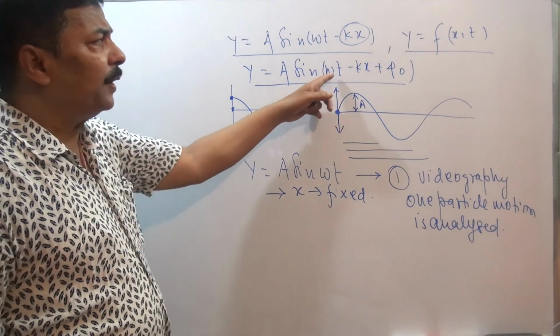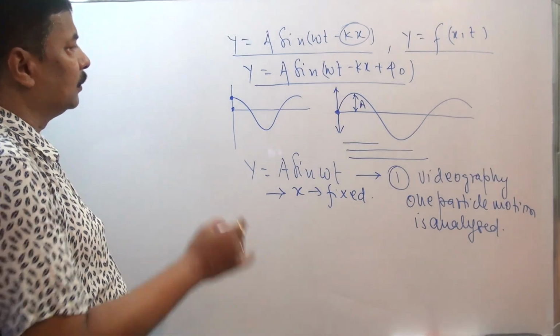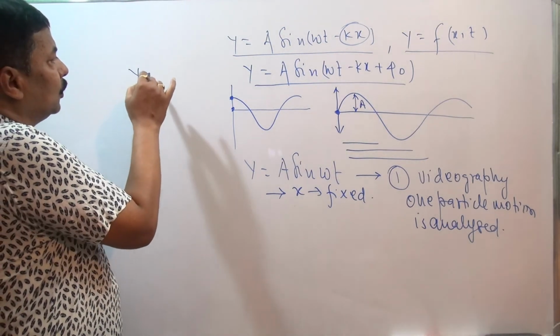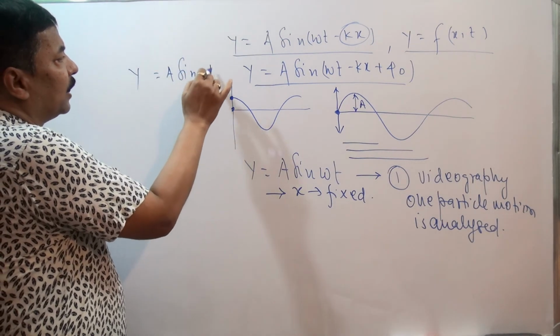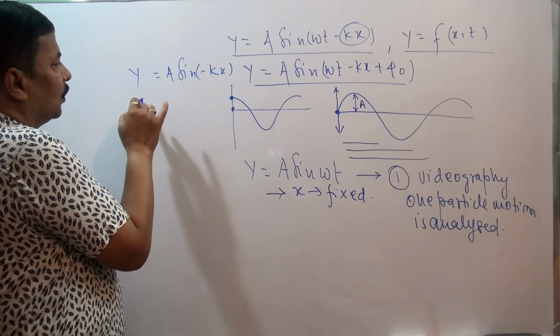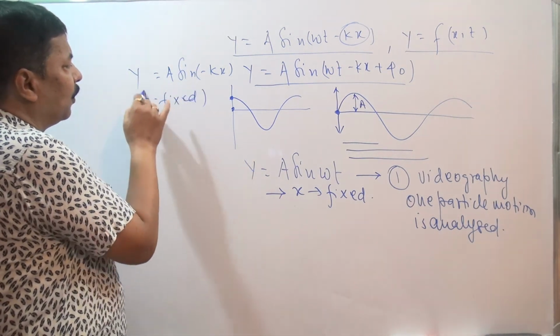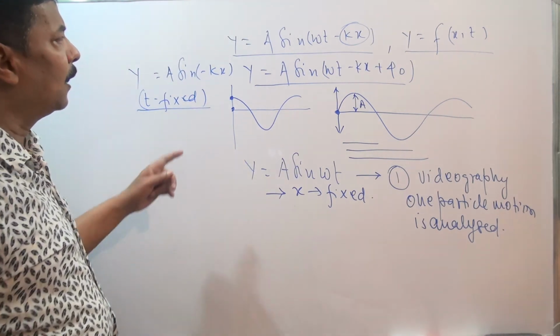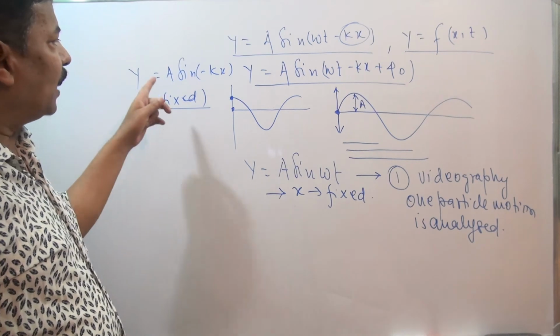Similarly, if I fix t, then you see y = A sin(−kx). t we have fixed, and if we fix t, then we get this equation.